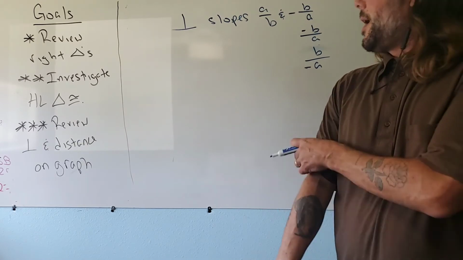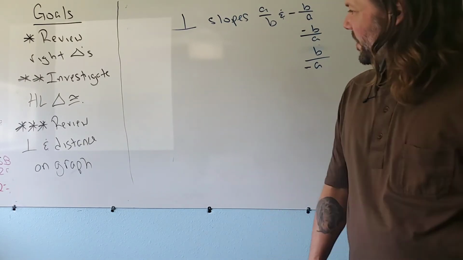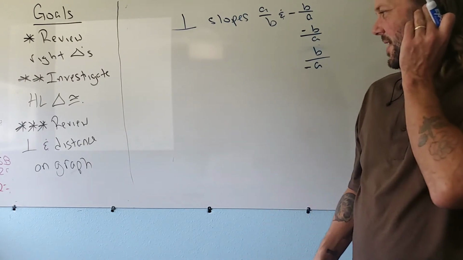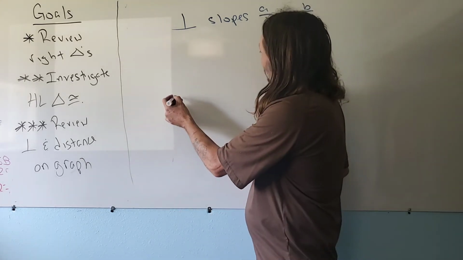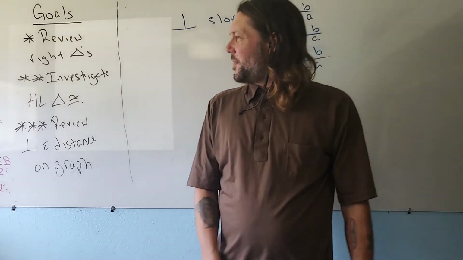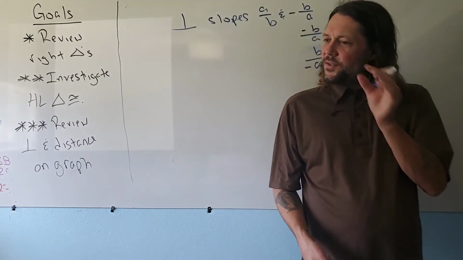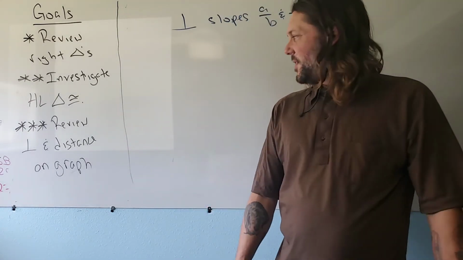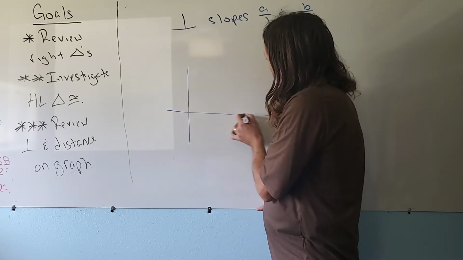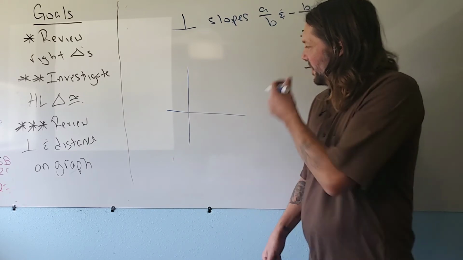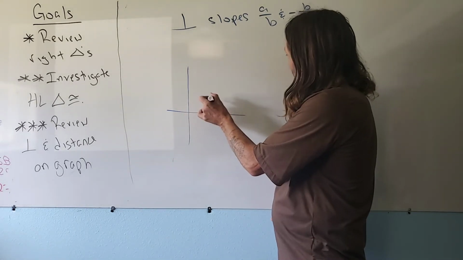I don't want to go too far into that, but I'm trying to give clues as to how to do the problem. Another thing you're going to be asked to do is calculate distance, and not just calculate distance, but show that the distance of one triangle is the same as the distance on another triangle. Remember, we only need to use the distance formula if we're counting diagonally.